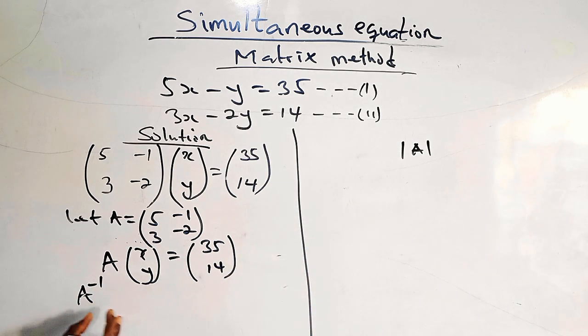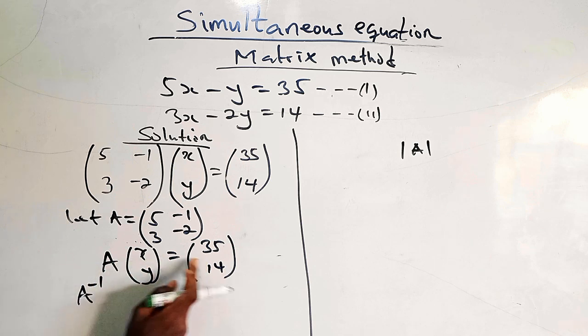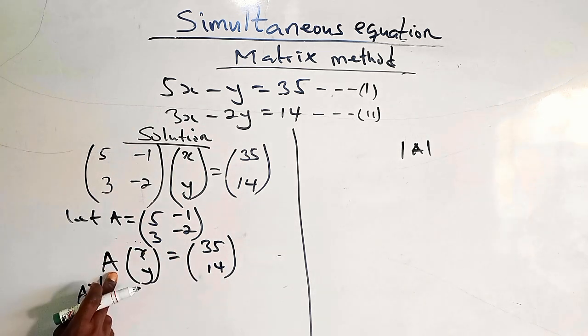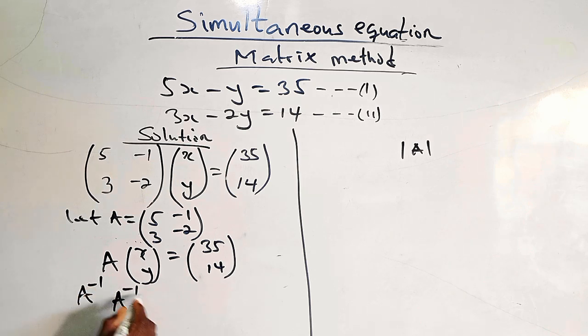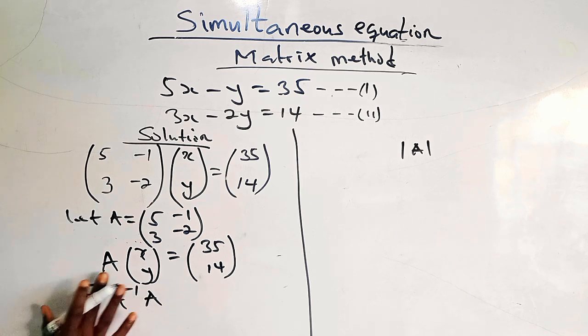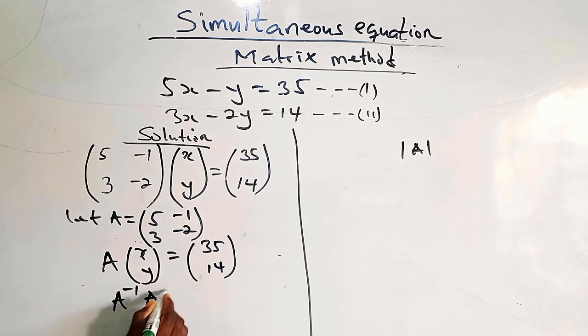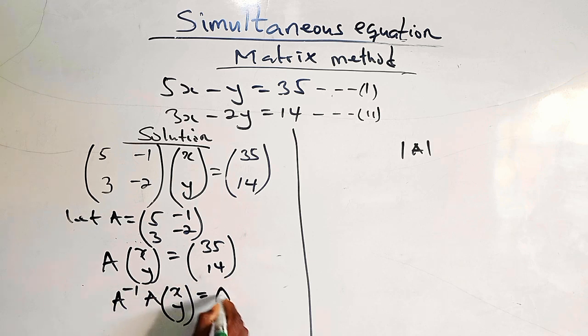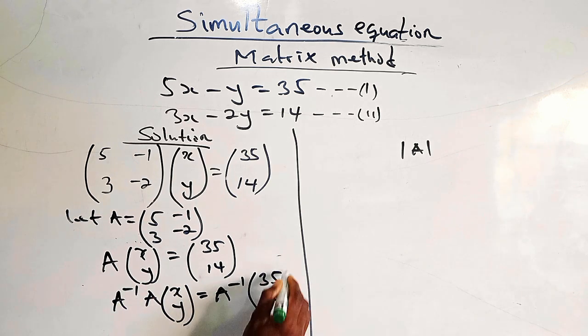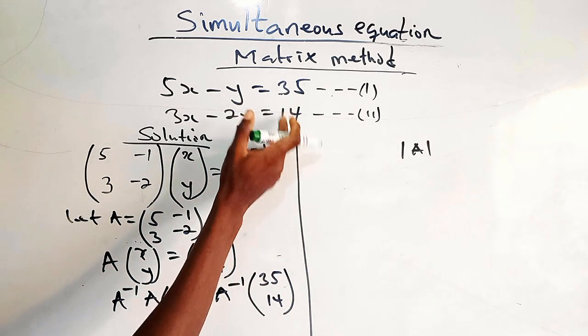But before we do that, multiply both sides of this equation by the inverse of this matrix. So when we do that, we have inverse of A times A, times x and y, equals the same inverse of A times 35 and 14, which is the result of your equation.